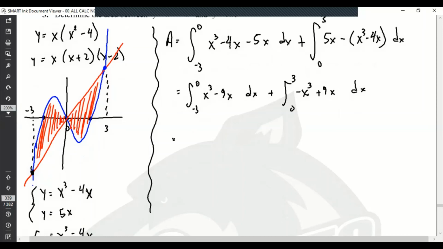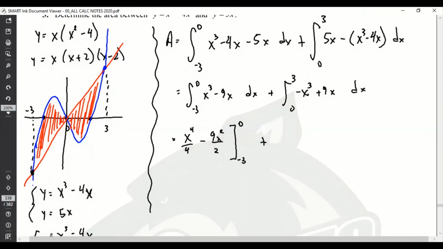And so this ends up being equal to x to the 4 over 4 minus 9x squared over 2 from -3 to 0. Then we're going to add that to -x to the 4 over 4 plus 9x squared over 2 from 0 to 3.